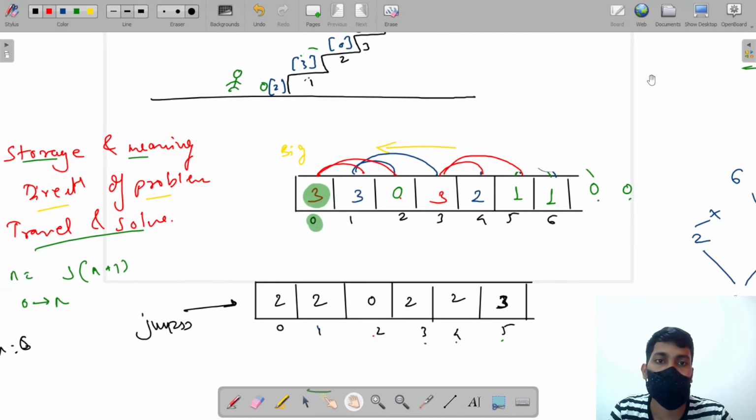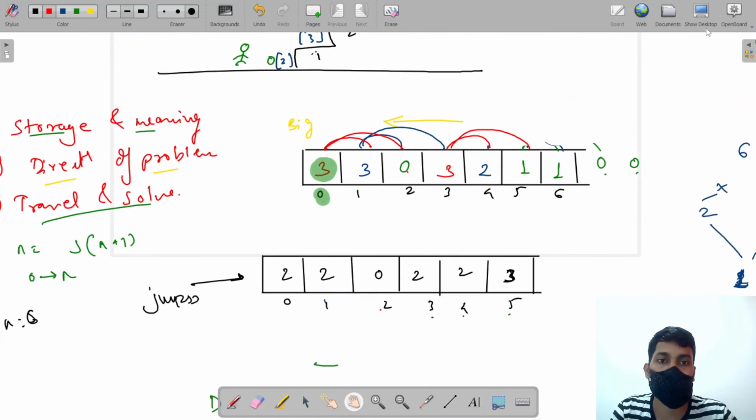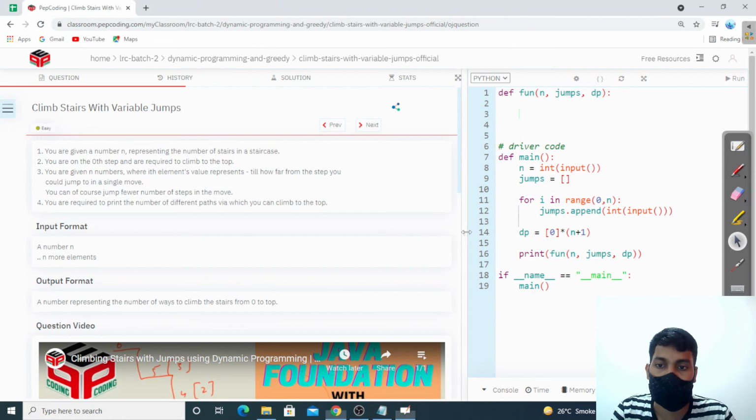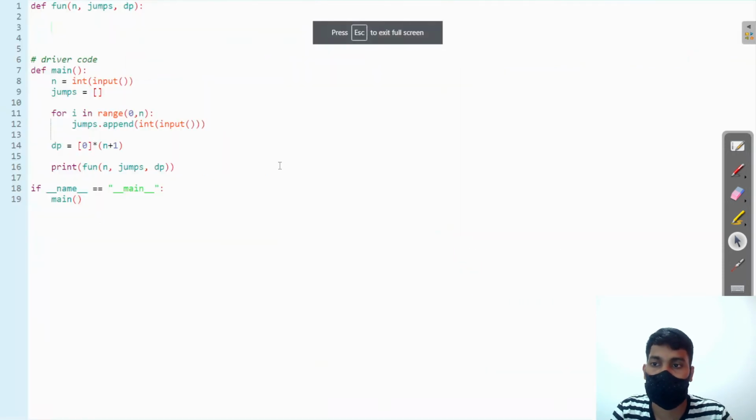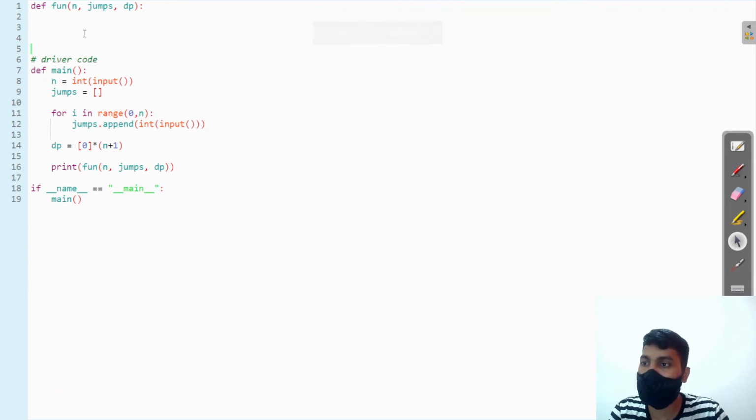Let's try to code this. First, storage is already created for us, storage has been cached for us. Now, as we have identified the direction, what was the direction? We have to start from the end.